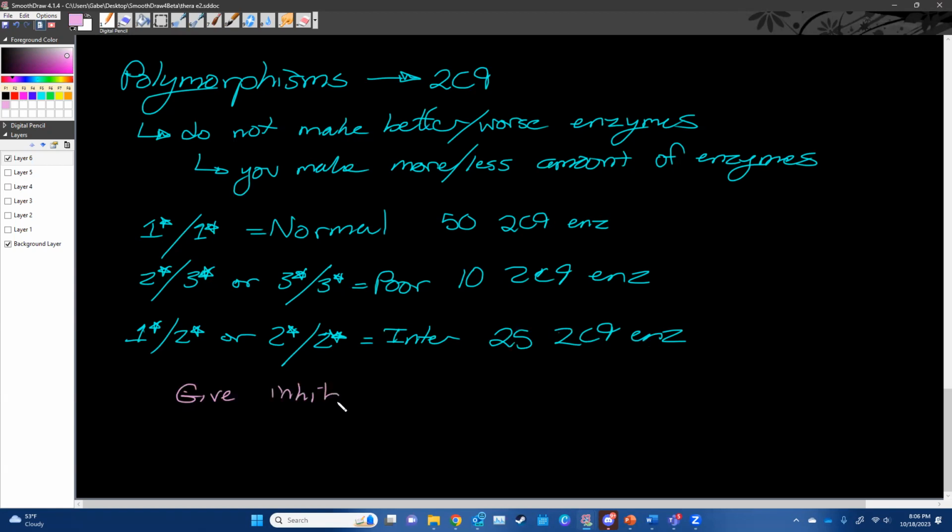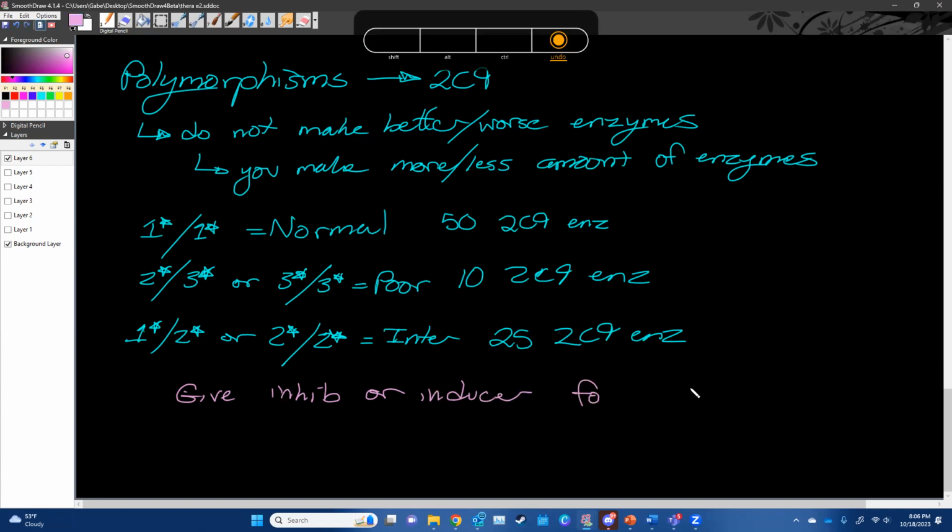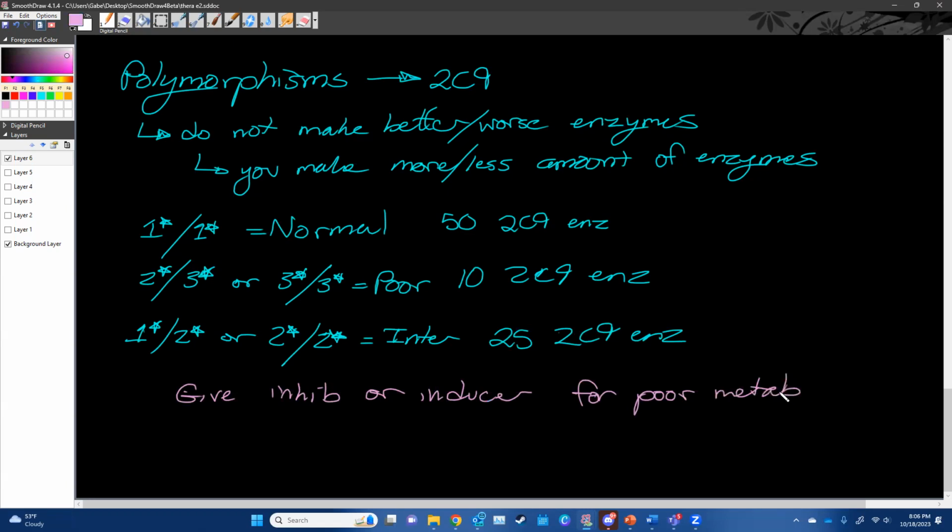So let's look at this. Give an inhibitor or inducer for a poor metabolizer. So right now, someone has decreased enzyme function, which means that we have increased levels of drugs.